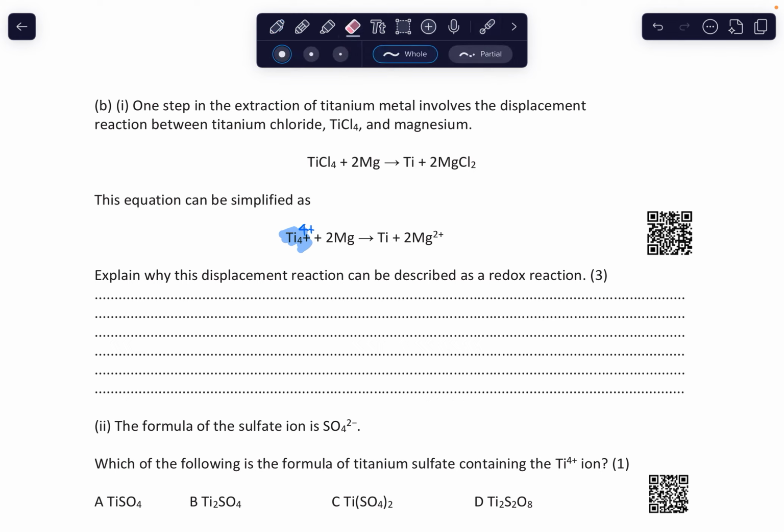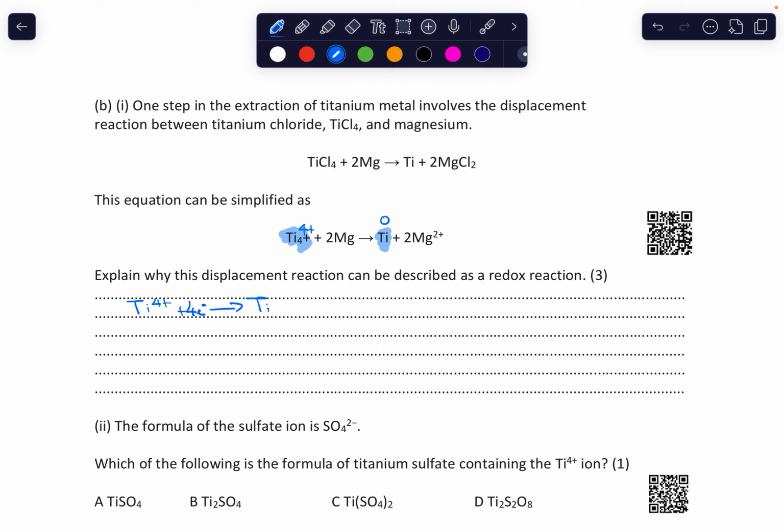On this side of the equation, the titanium turns into just titanium atoms, which means they have no charge. So my titanium has gone from having Ti4 plus to just Ti. So how do I make something that is 4 positive become something that is no charge? The way I do that is by adding 4 electrons.